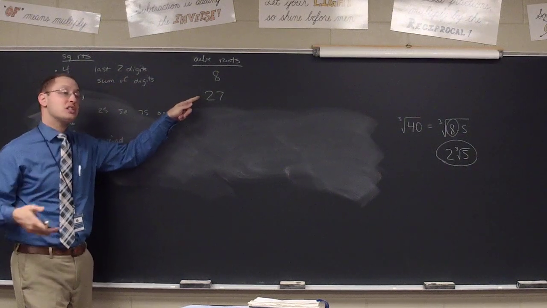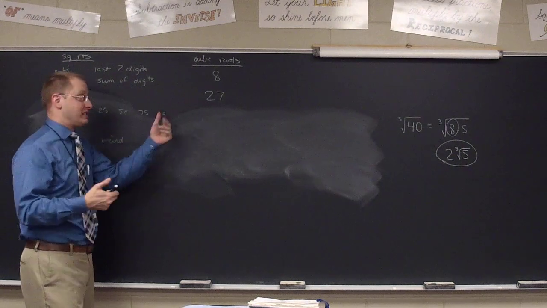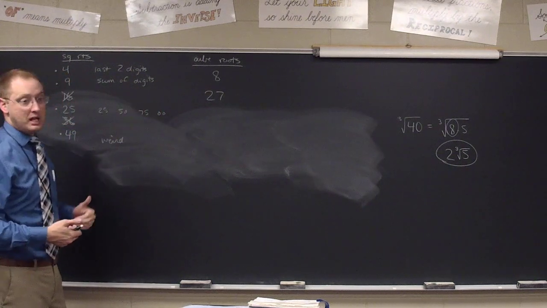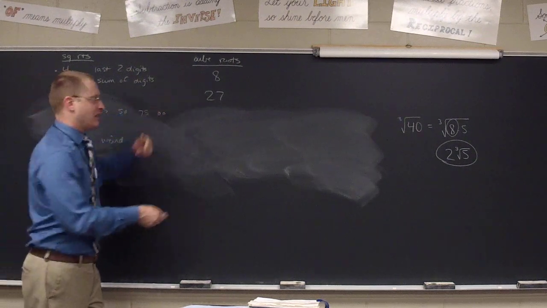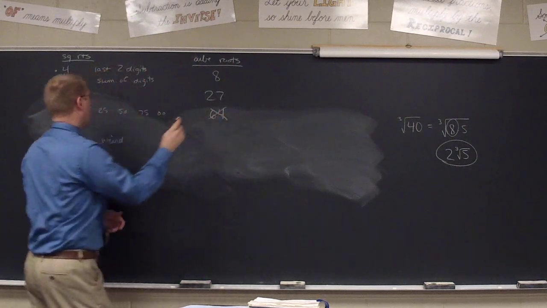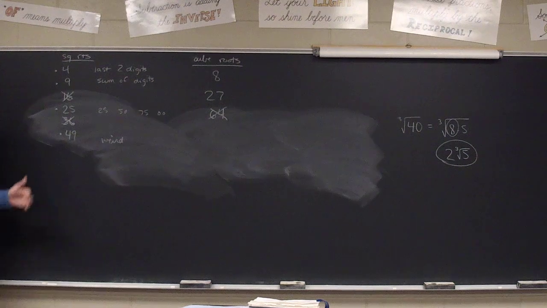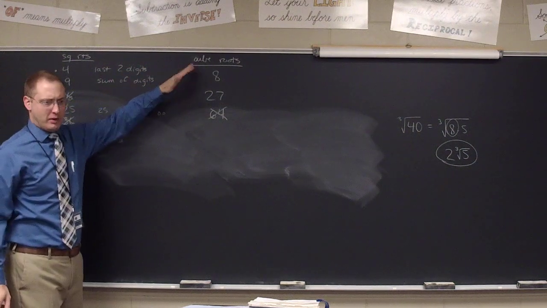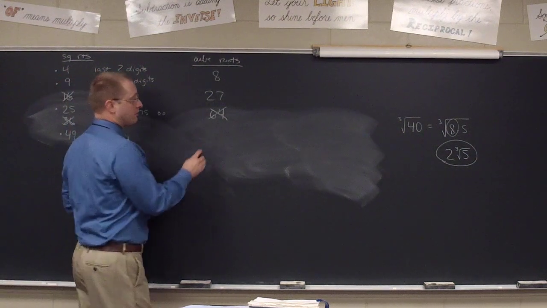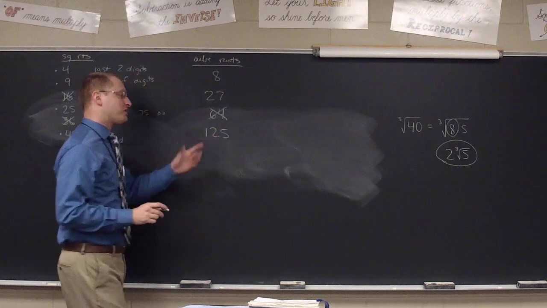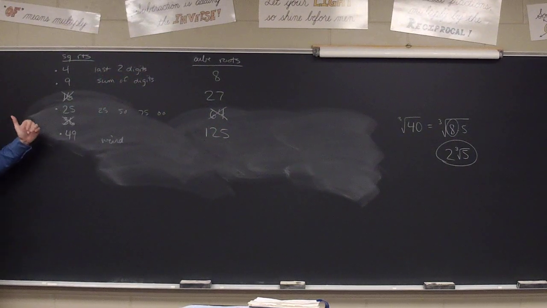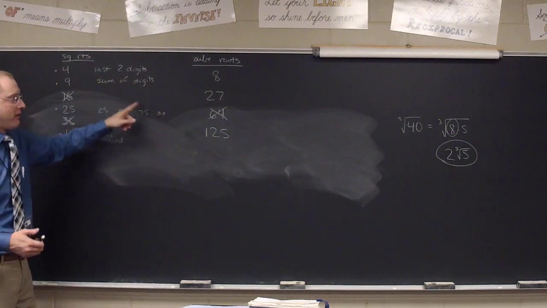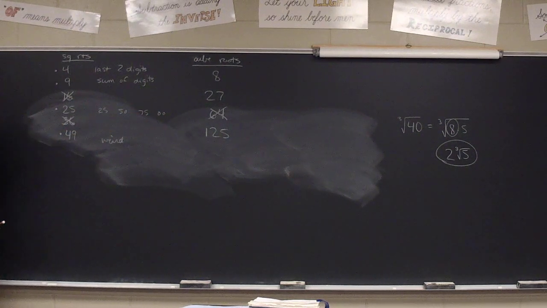So if I see that it's divisible by a 9, I might try the 27. The next number would be 64. If 64 works, 8 would work anyway, right? So I'm kind of in the same boat with the 64 as I am with the 16 and 36. 8's easier to divide by. I'd rather just use 8. And the next one, again, to be divisible by 125, you know 25 would have to work somehow, some way. So therefore, you're kind of looking for that 25, 50, 75, or 00 again. So these are the numbers we're looking for.